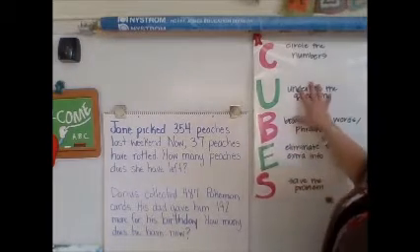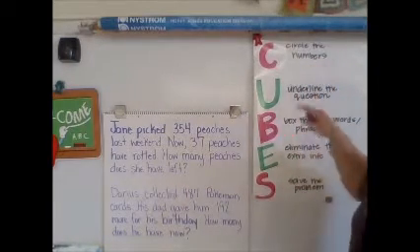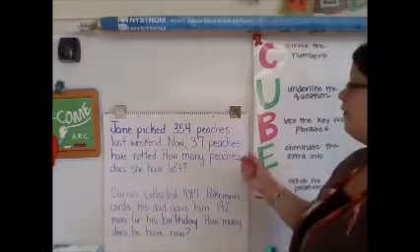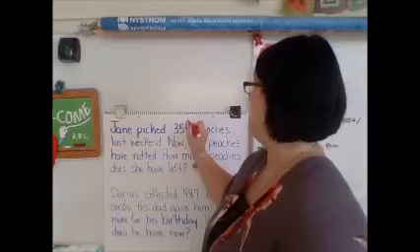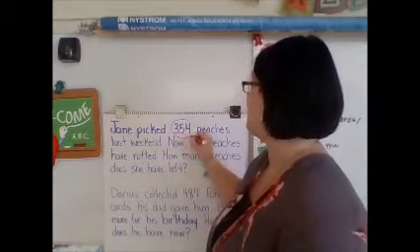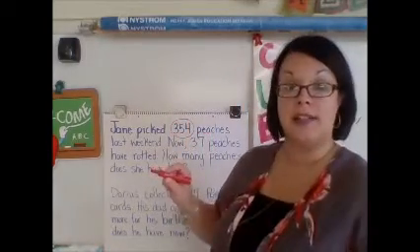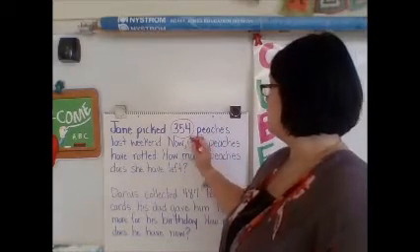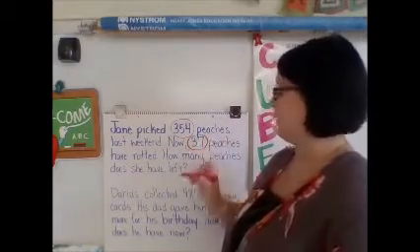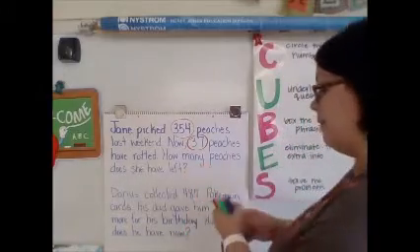And I know I'm kind of blocking the way a little bit, but C stands for circle the numbers. So the first thing I'm going to do is go through each line, and anytime I come across a number, I'm going to circle it. So 354 gets a circle, 37 gets a circle.